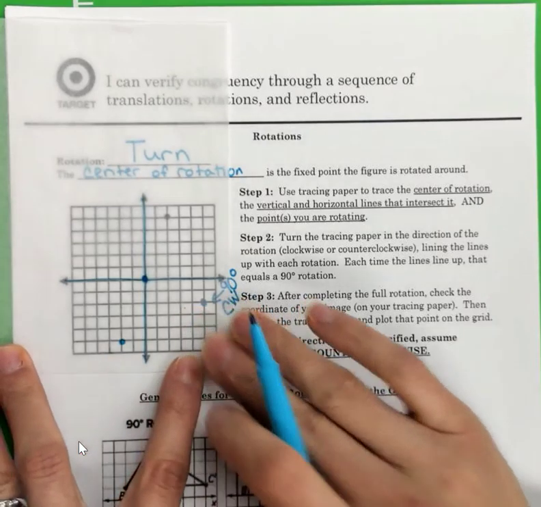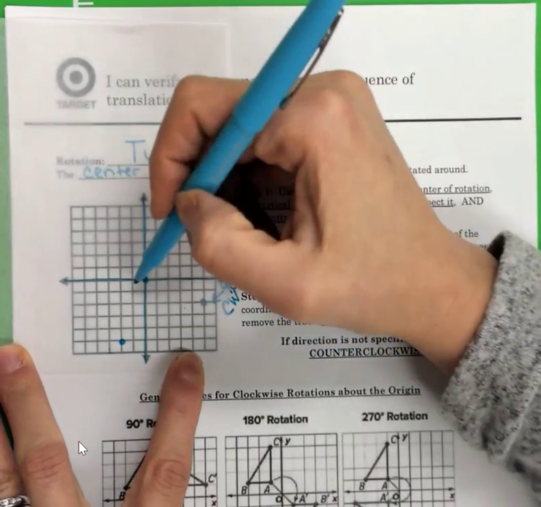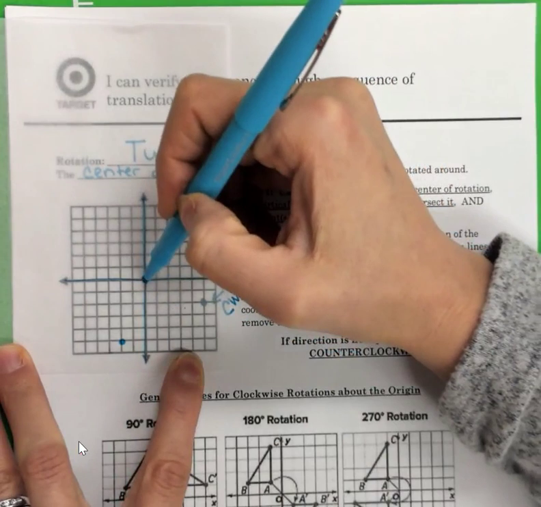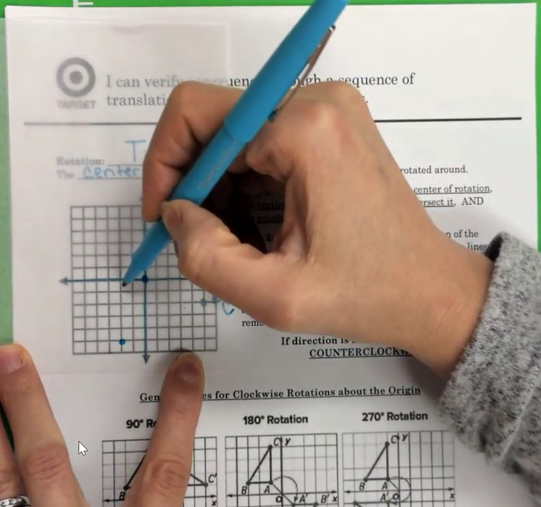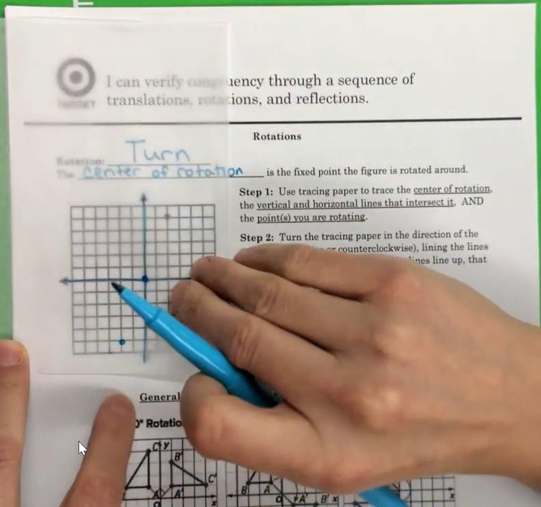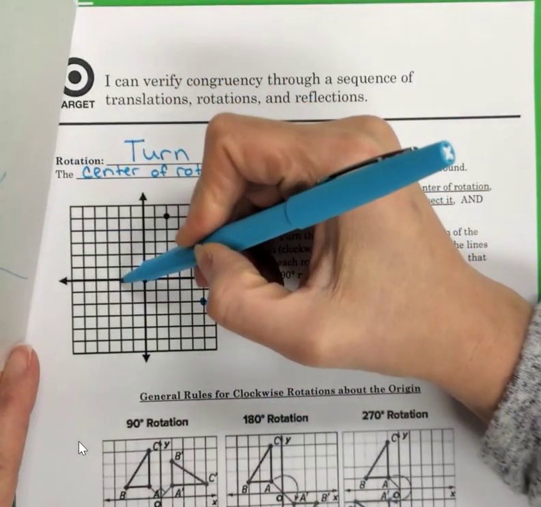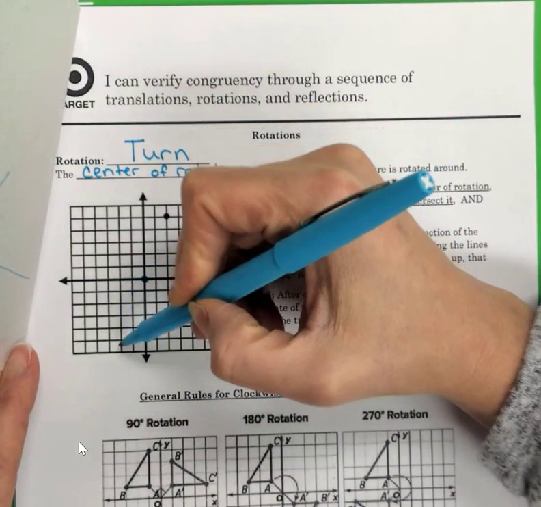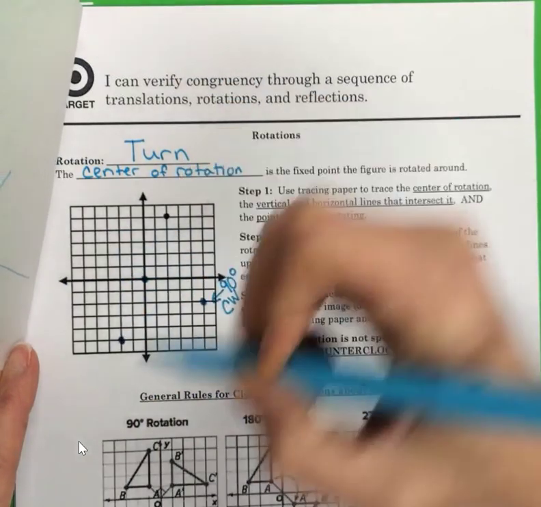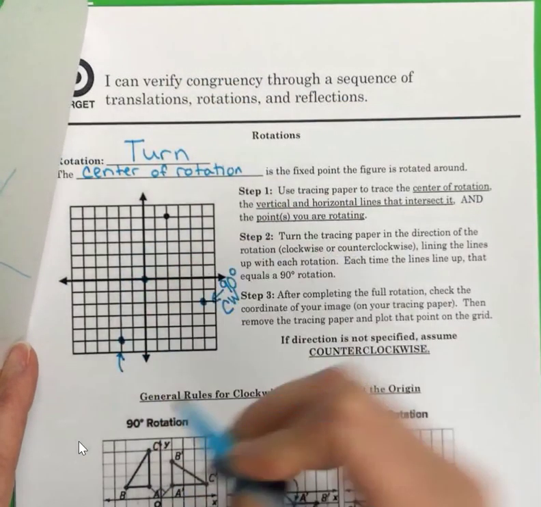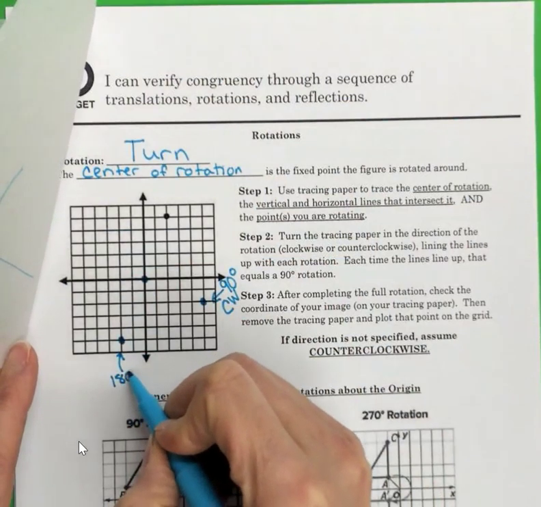So I can now see that my rotated image is going to be at -2, -5. So I lift up my paper and I go to -2, -5. And that's going to be my 180 degrees rotation.